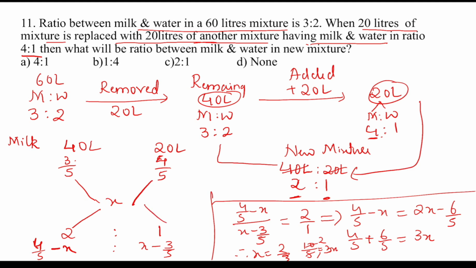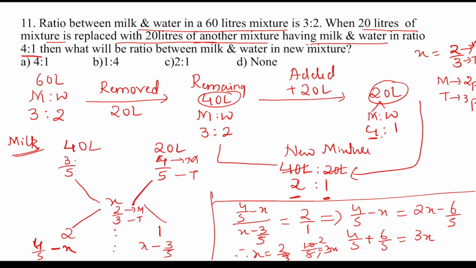Okay, we got x as 2/3, which means we considered milk. Always this is milk and this is total, so x is also milk upon total. So if milk is 2 parts, then total is 3 parts.